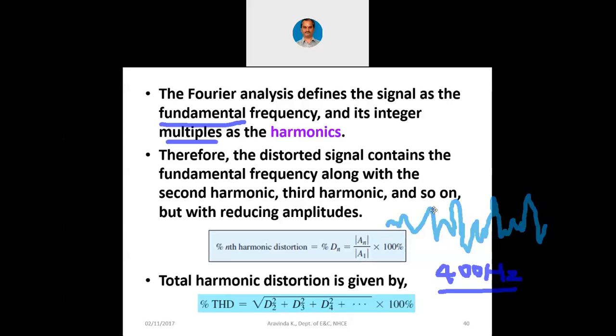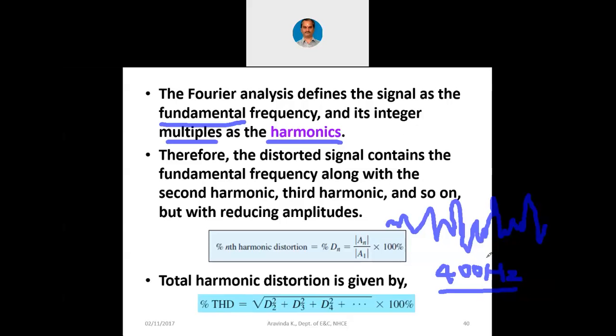The complex wave which I am showing you on the screen can be represented by this fundamental frequency of 400 Hz along with its integer multiples, which are called harmonics.